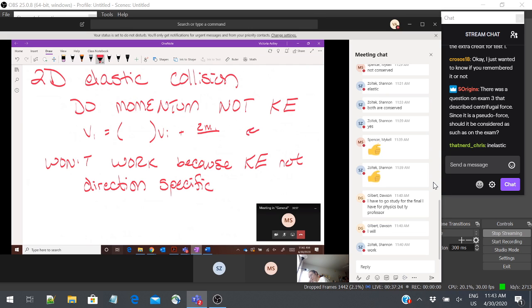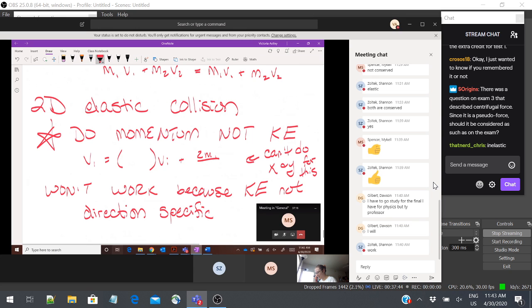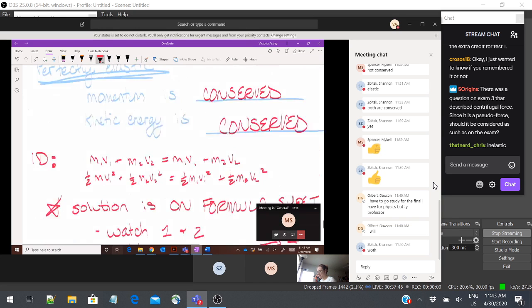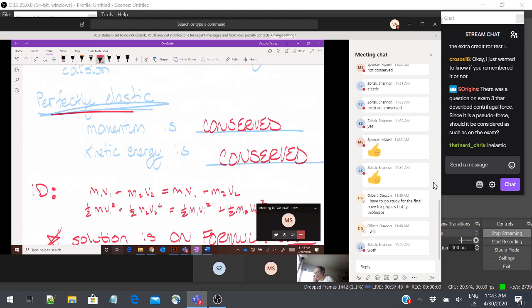You can't do x and y for this because the kinetic energy isn't conserved in the x direction, it's conserved overall. So do momentum. Do momentum in every case except a two-dimensional or a one-dimensional perfectly elastic collision.